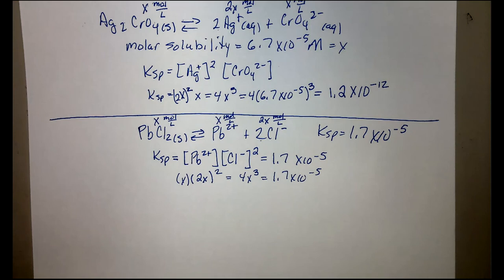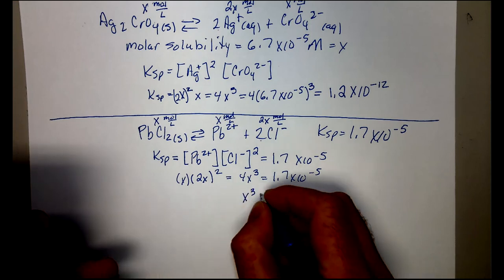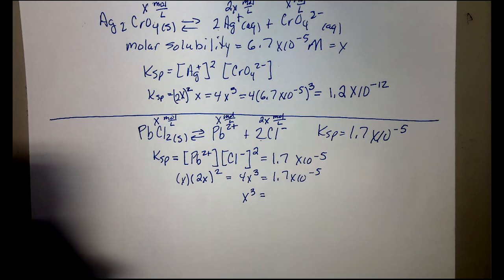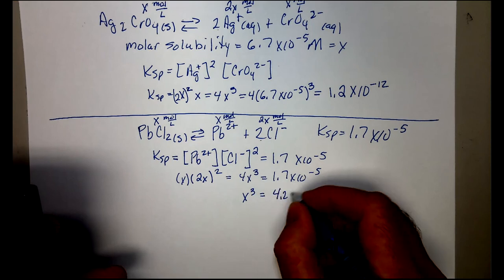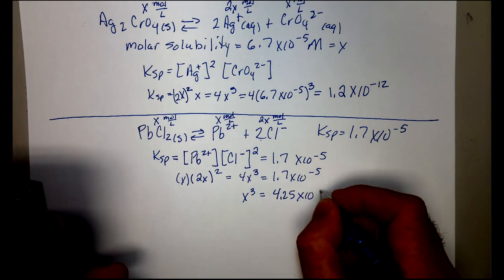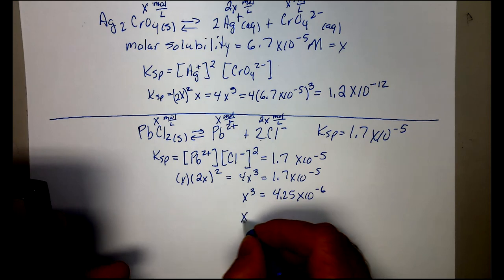So we've got 1.7 times 10 to the negative fifth divided by 4. So x cubed is going to be 4.25 times 10 to the negative sixth. And then I'm going to have to cube root both sides.